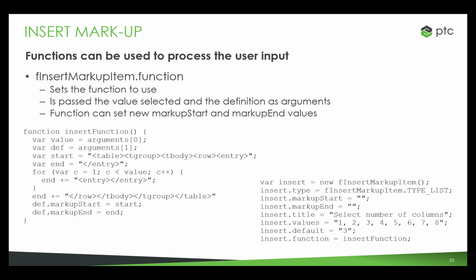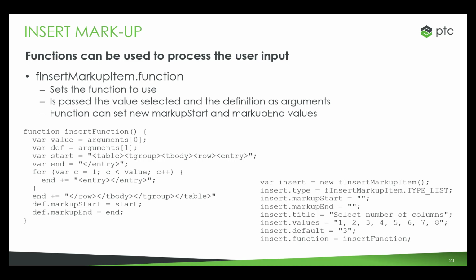The last property to talk about is the function property. Now this function property allows you to declare some code which will get used between the user hitting OK and the strings being inserted into the content.